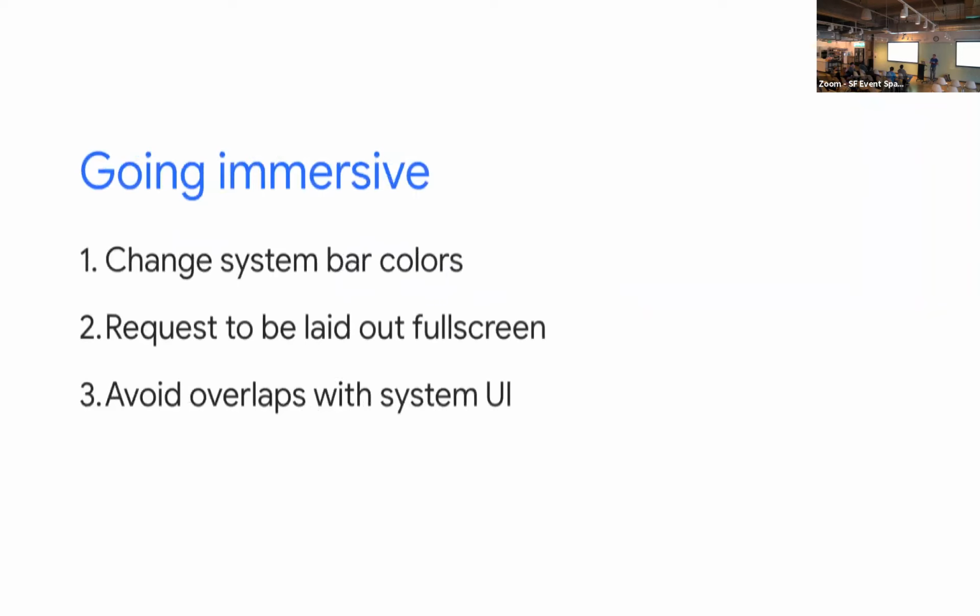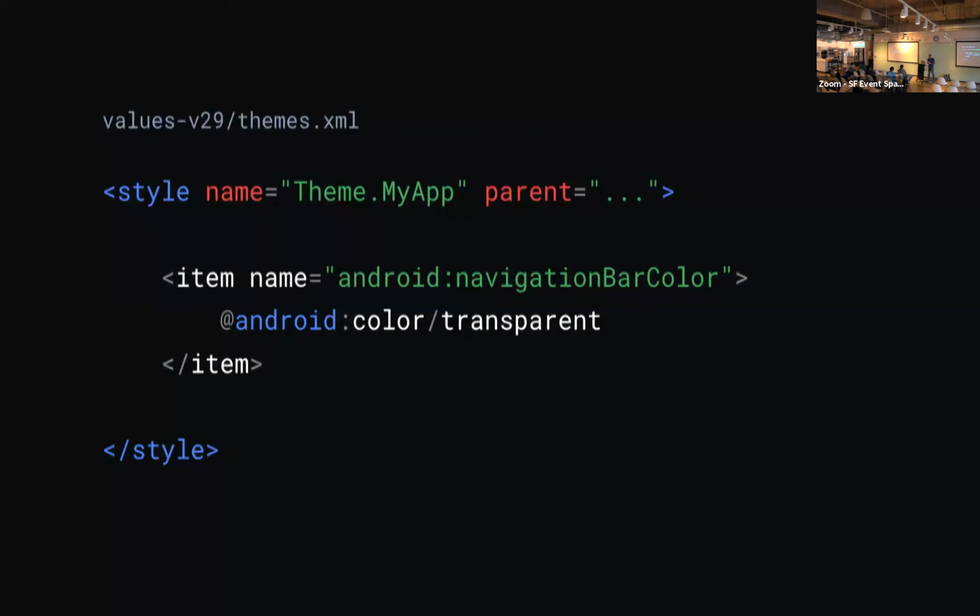And going immersive, once again, you need to change the system bar colors and request to be laid out full screen. And if there are any overlaps with the system UI areas, you need to get rid of that. To start with, you need to add these properties to your themes, which will basically request a transparent navigation bar.